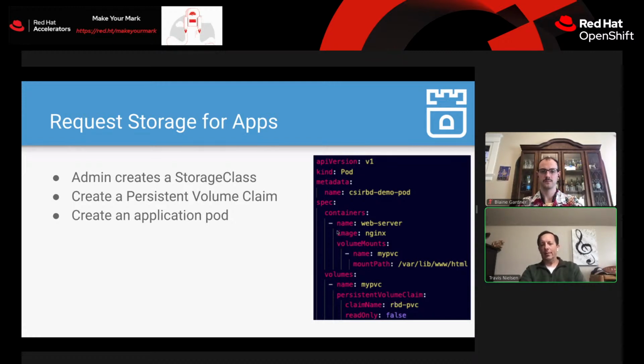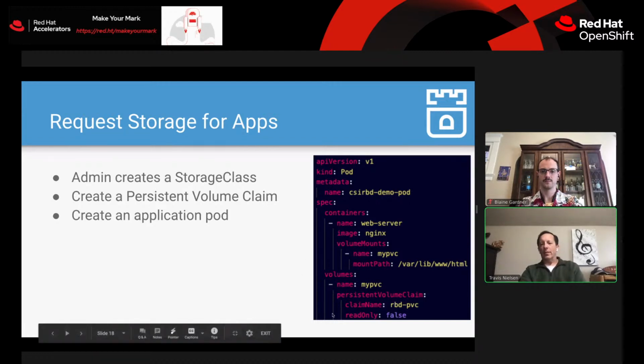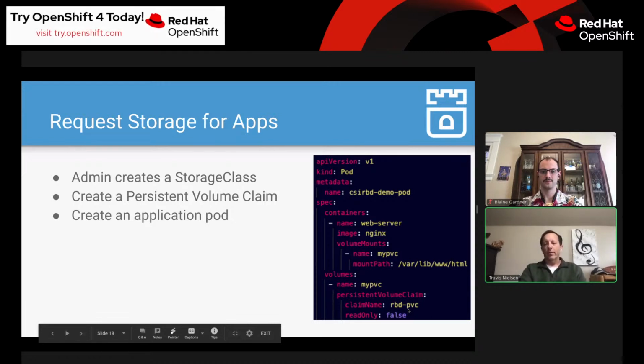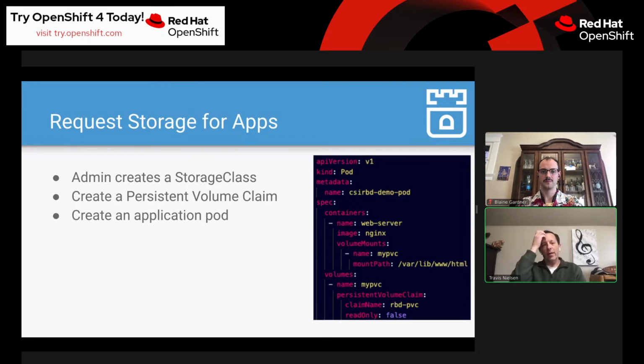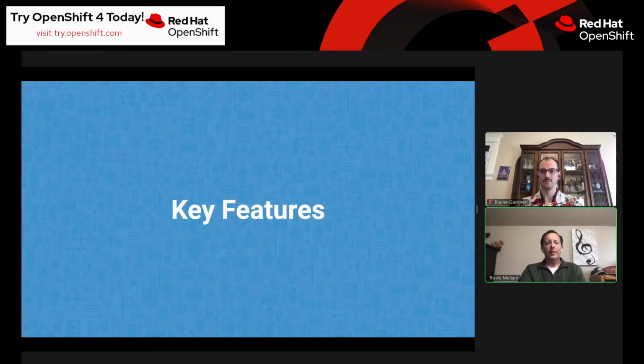In this case, the simple Nginx image, which is requesting storage with this persistent volume claim for the RBD PVC, which points us back to the storage class that the admin would have created.